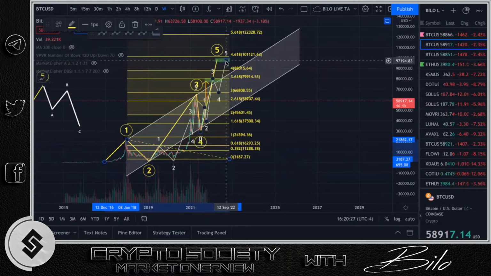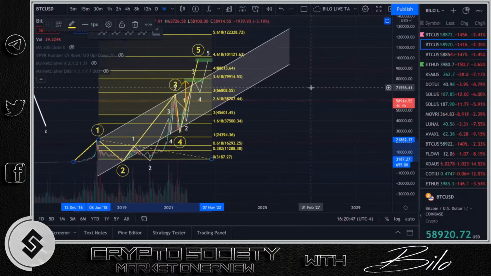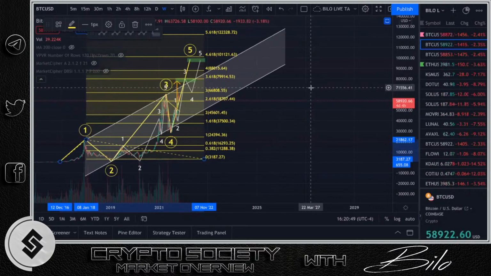And I'm getting a target of around 4.5 here using that same formula. So not only does the subwave of wave 5 give me this green box, but the overall Elliott wave from when Bitcoin was nothing to where Bitcoin is today also gives me that target. Does anybody have any questions on this?